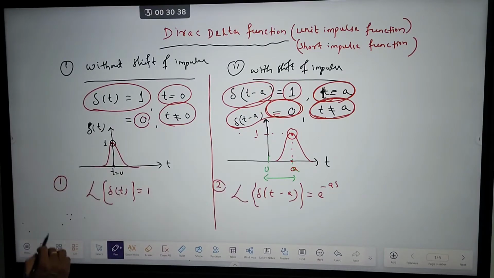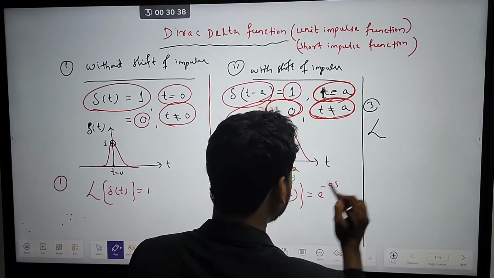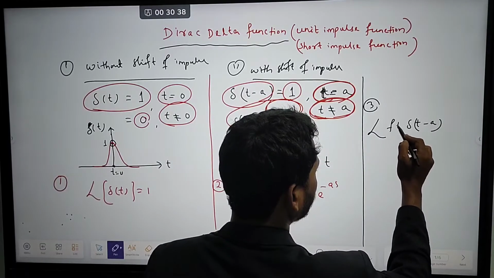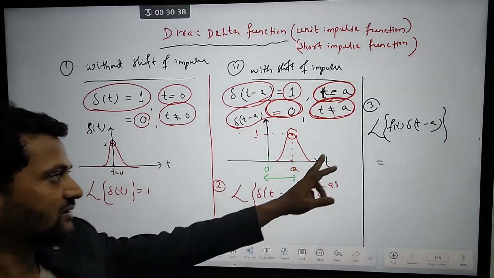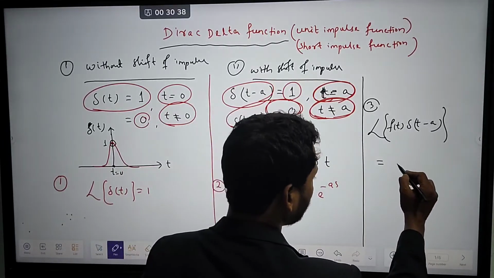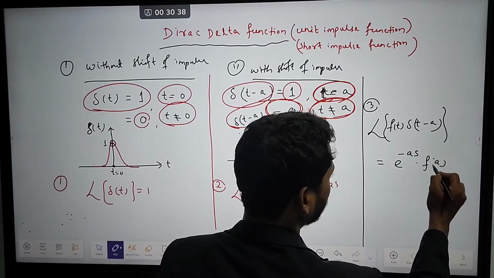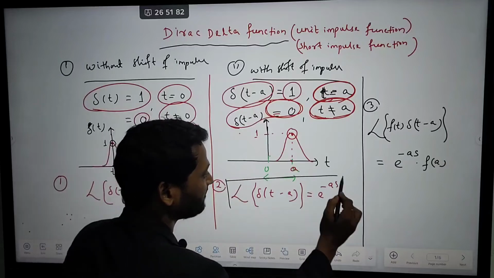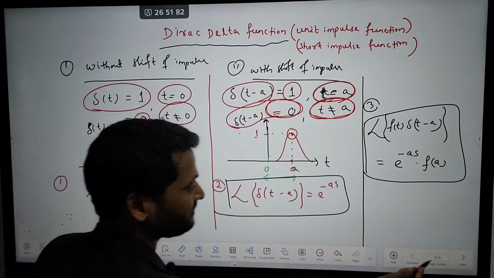Another formula you need to remember, third formula: if we multiply del t minus a by another function f of t and take the Laplace, your answer is e to the power minus a s into f of a. So there are three formulas you need to remember. Mostly these two, formula number 2 and formula number 3, you should remember while solving the problem.